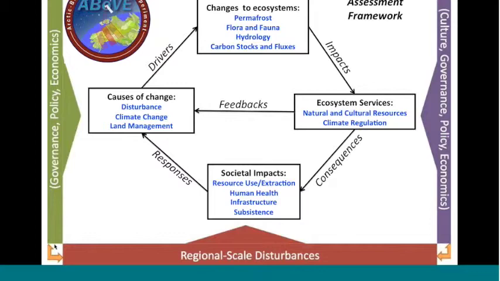And then those, to fulfill the cycle, are drivers of additional changes to ecosystems. So you can imagine this series of interactions and feedbacks either mitigating additional change or exacerbating additional change in ecosystems and all the services they provide and the impacts that has on people. So that's the general vulnerability framework that we're working through.